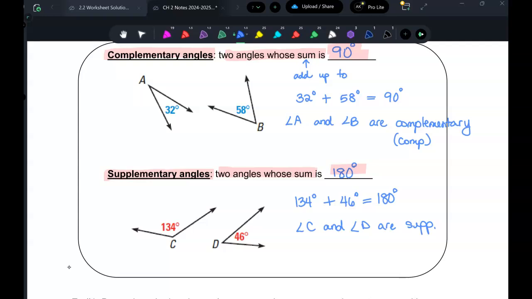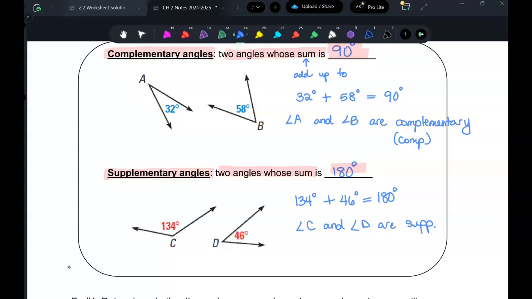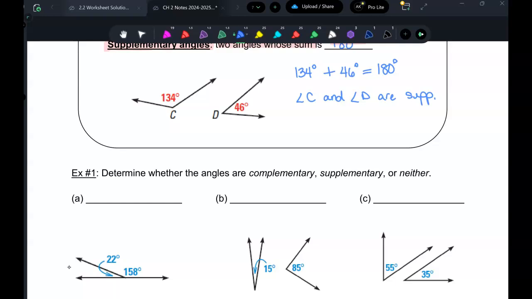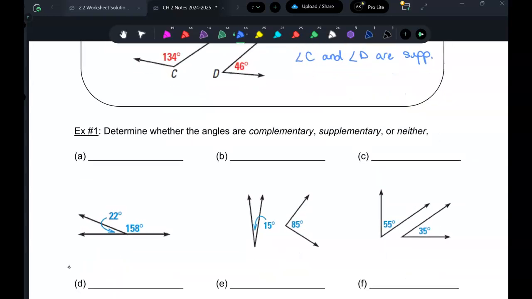If they add up to anything else, they don't fall into either one of those categories. They have no relationship there. So if you look at our next example here, it says, are they complementary? Are they supplementary? Or neither?